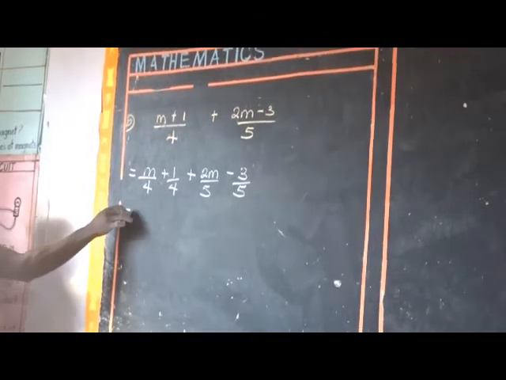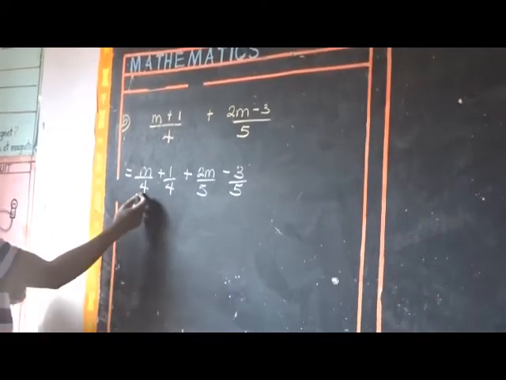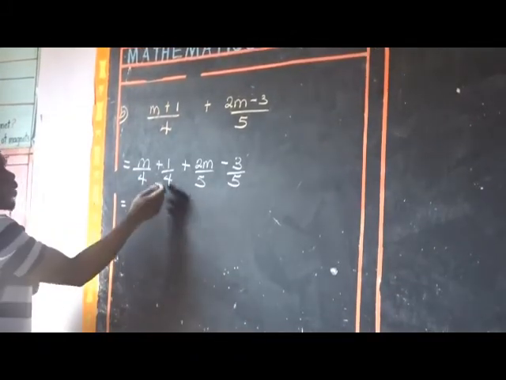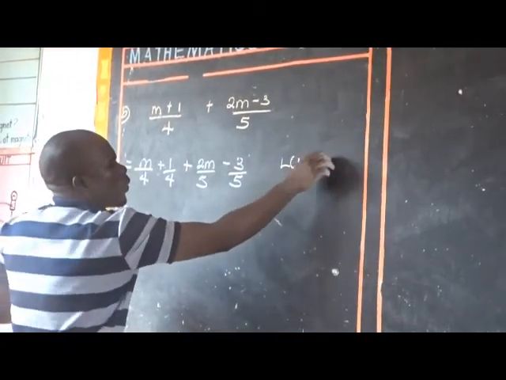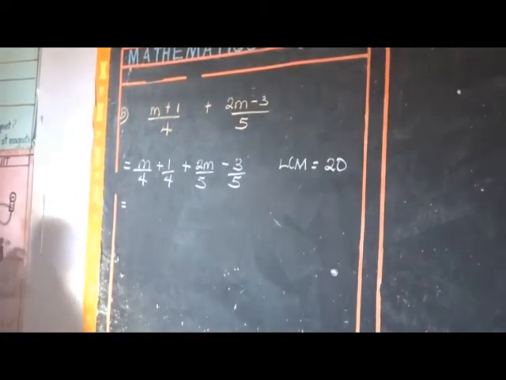After that, we can now look for the LCM of all the denominators. Since this 4 is similar to this, we shall take 1. This 5 is similar to this, we shall take 1. So the LCM of 4 and 5 in this case will be 20. Hoping you remember how to find the LCM.